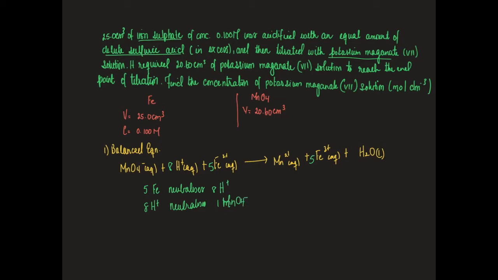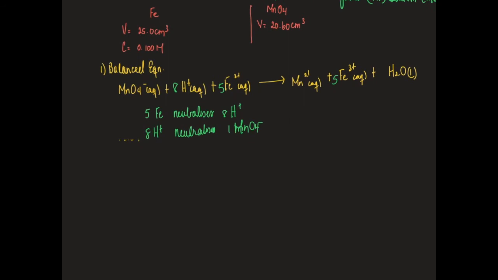The second thing we're going to do is to calculate the moles of the iron. And remember, we're going to calculate the moles of the iron because we have the concentration and we have the volume. Referring to this triangle here, this memory aid, remember that the number of moles is equal to concentration by volume.